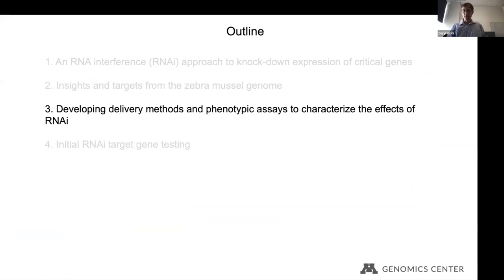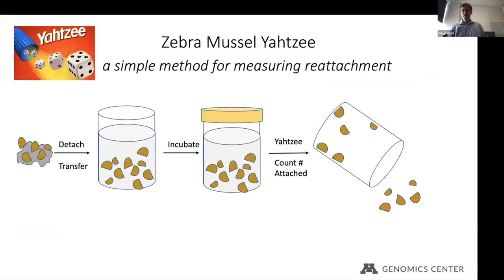And then, in order to test these constructs, we need phenotypic assays, or ways of measuring the effects that these constructs have. One that we've been doing a lot of work on, we jokingly call zebra mussel Yahtzee.